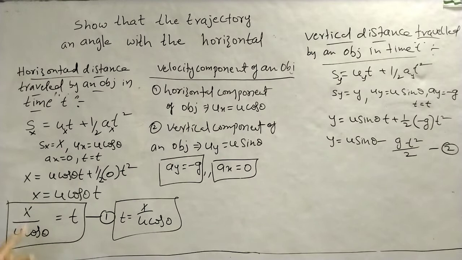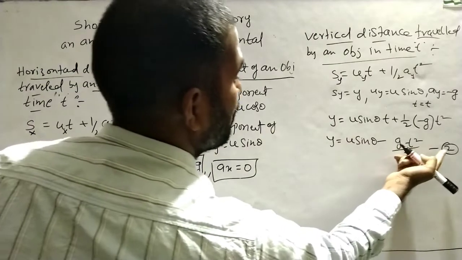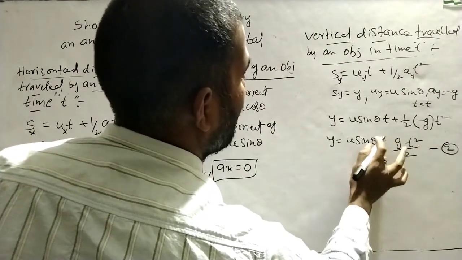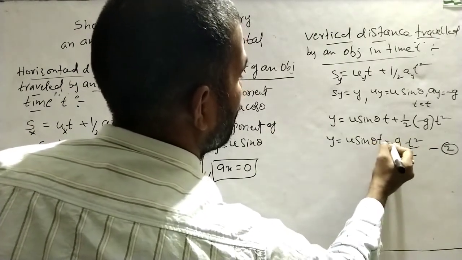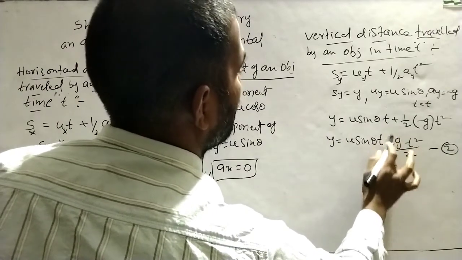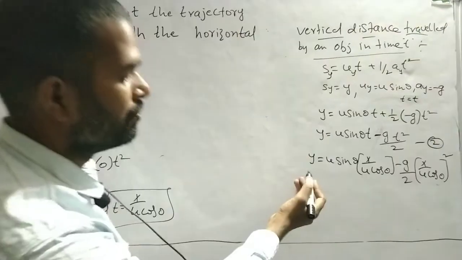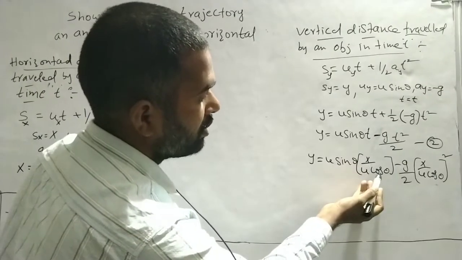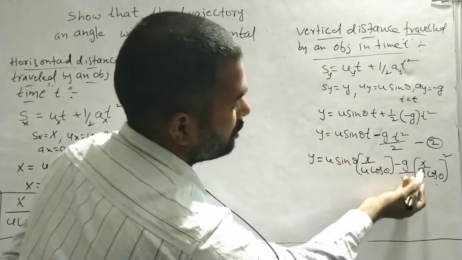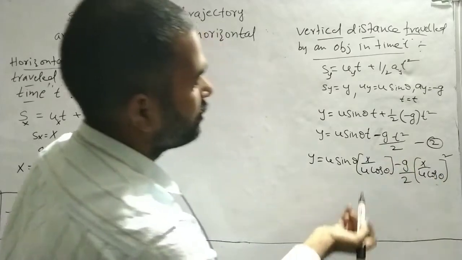According to equation 1, t equal to x by u cos theta. This t value we substitute in equation 2. So y equal to u sin theta into x by u cos theta, minus g by 2 into x by u cos theta whole square.